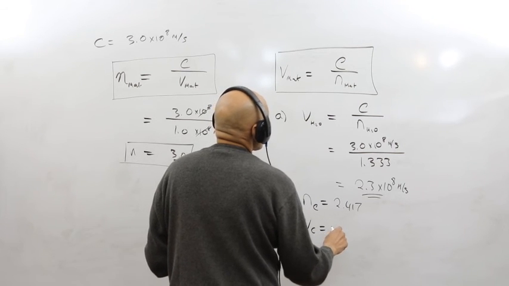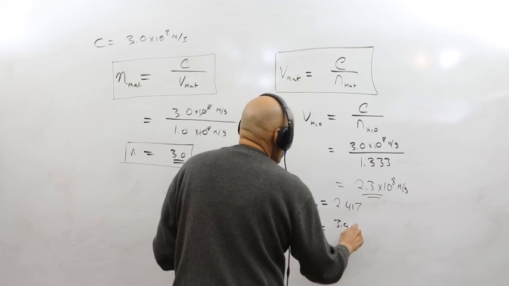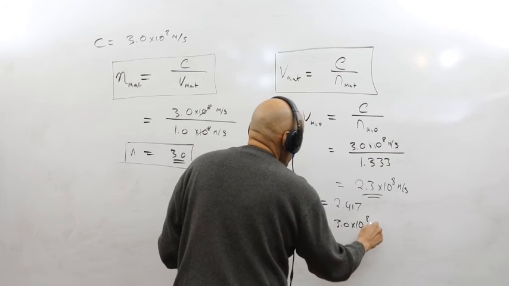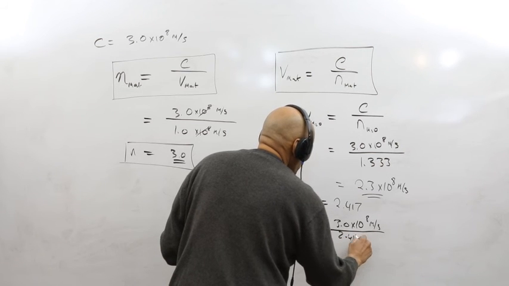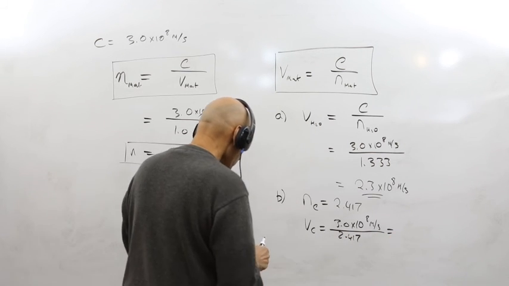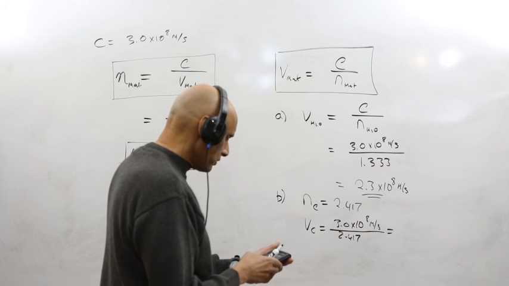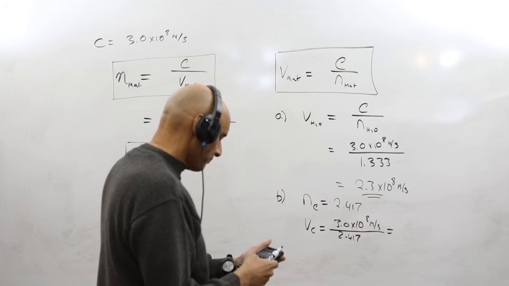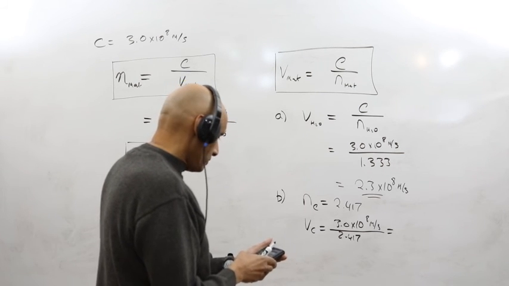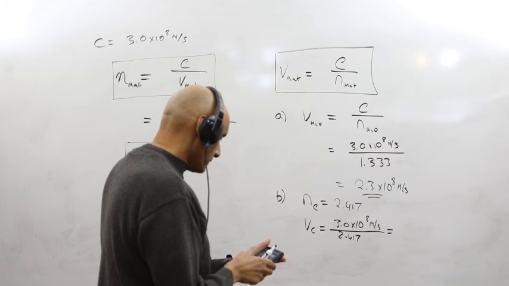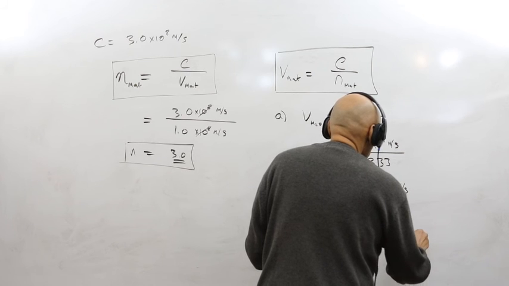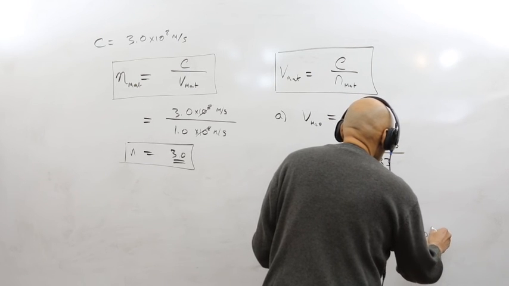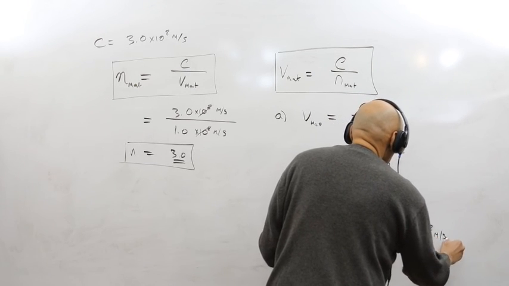So it's 3.0 times 10 to the 8 meters per second divided by 2.417. I'm going to plug this in to two significant digits, and it gives me a value of 1.2 times 10 to the 8 meters per second.